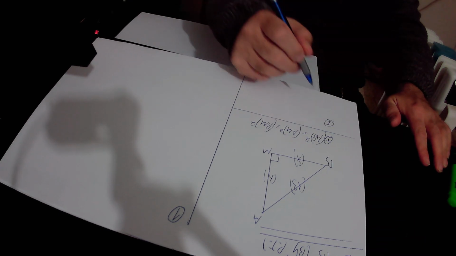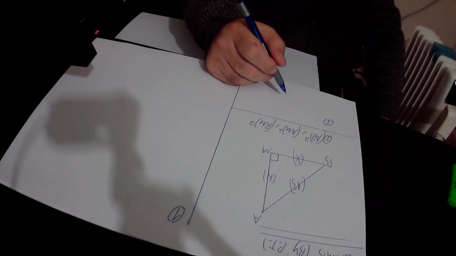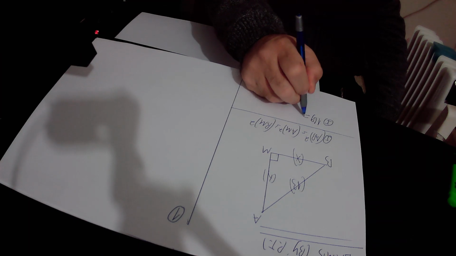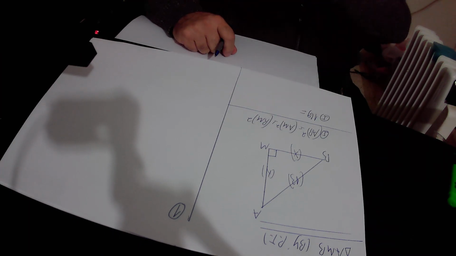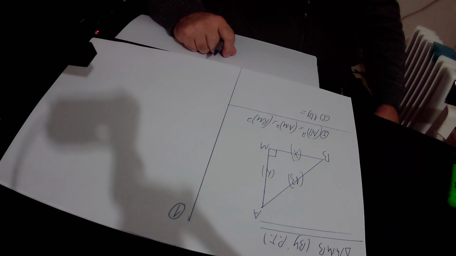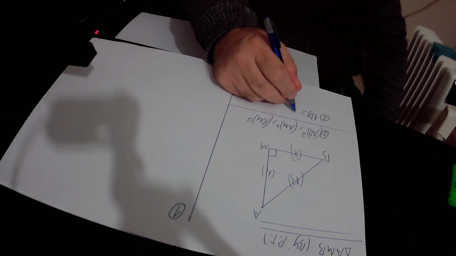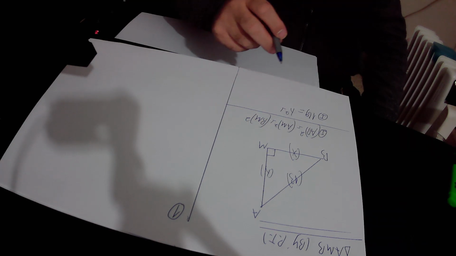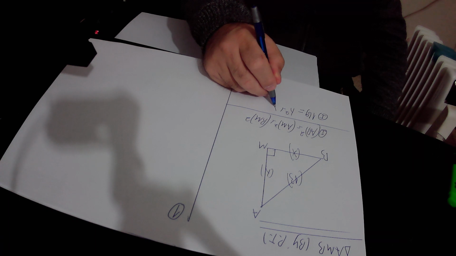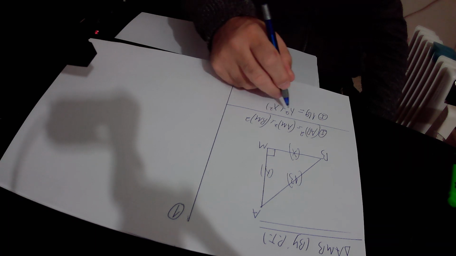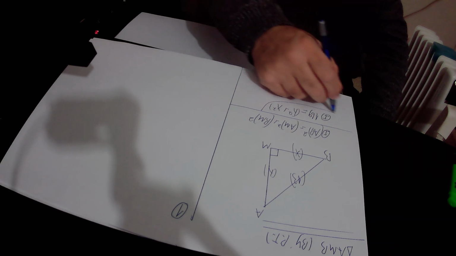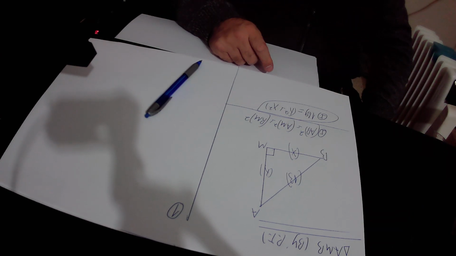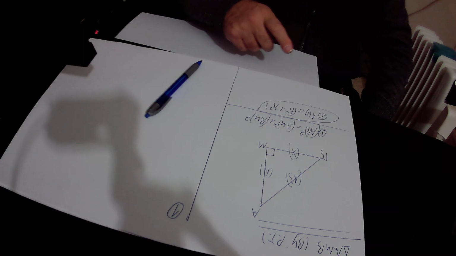AB is 13, therefore AB squared is 13 squared, that is 169. And it equals AM squared. AM is H, therefore AM squared is H squared, plus BM squared. BM is X, therefore BM squared is X squared. So we found that according to equation number 1, 169 equals H squared plus X squared.